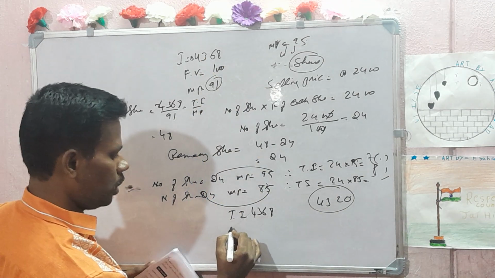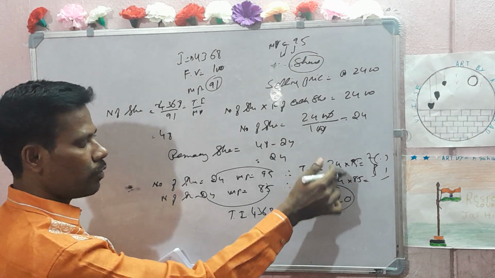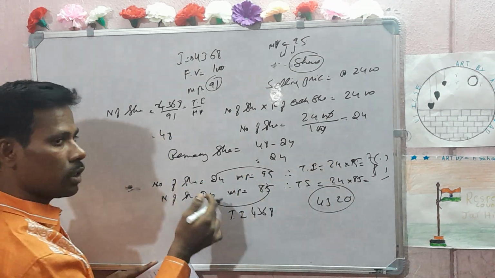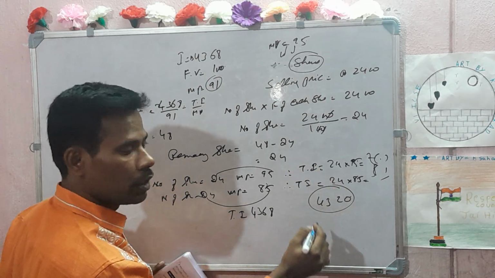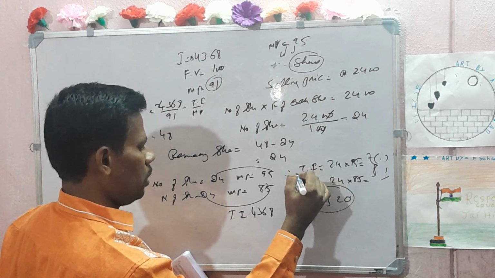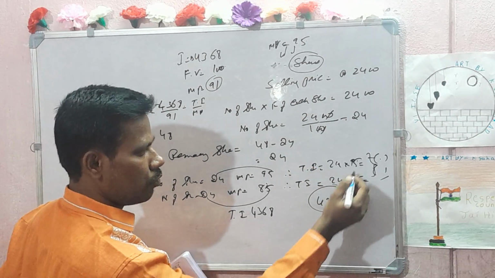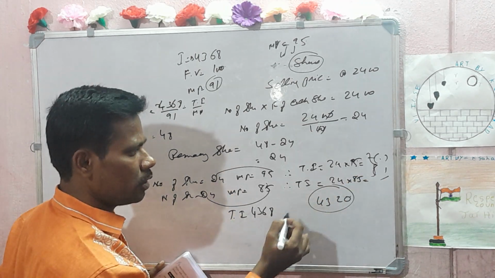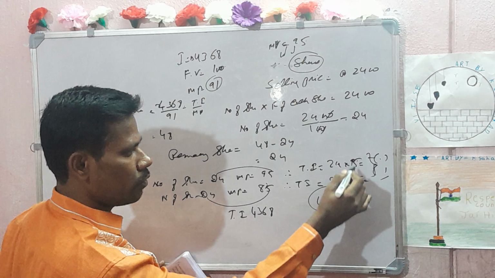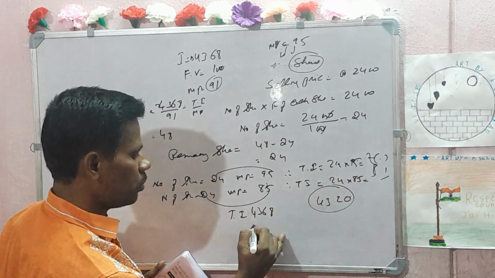But now total selling price is what? You can write here selling price. Total investment or selling price, it doesn't make any change. So when you add these two, the answer is 4320.